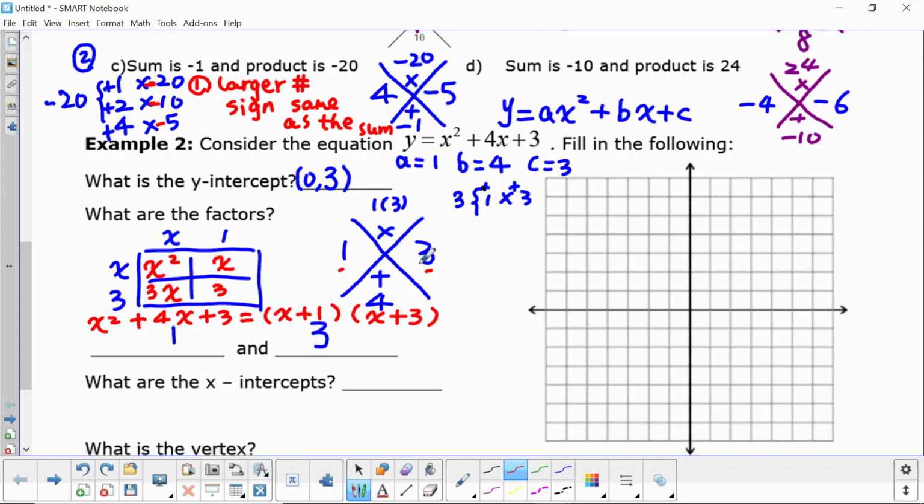Then use a factor sheet. 3 is a prime number, you have only 1 times 3. Then you will see the larger number needs to have the same sign as the sum, so it's positive. Then times together is positive, you need the same sign, both positive.